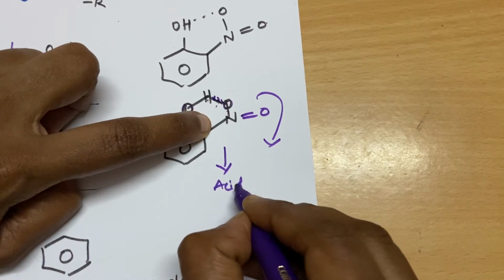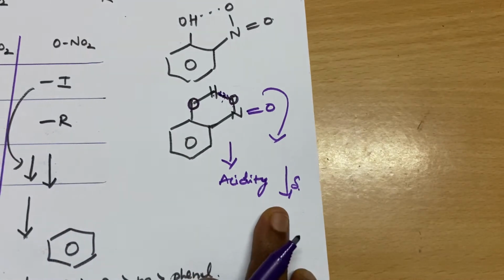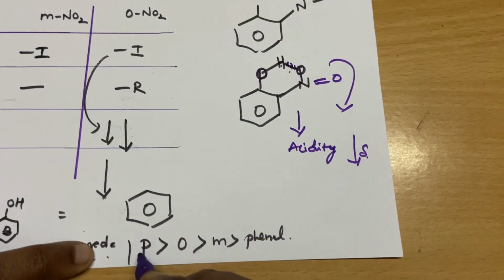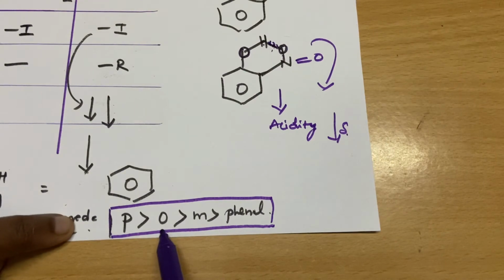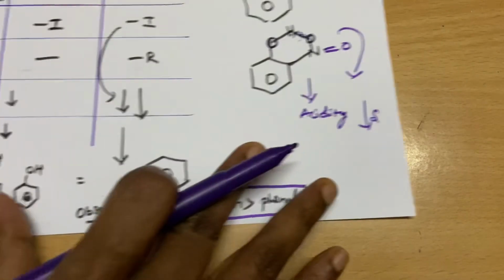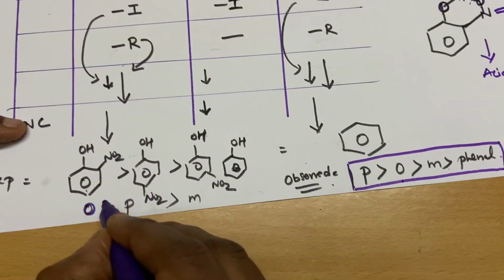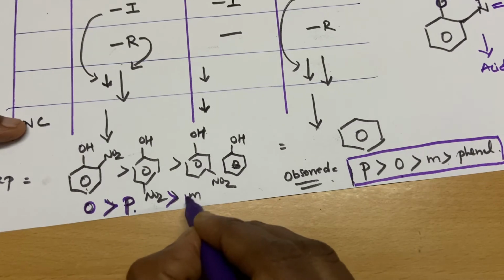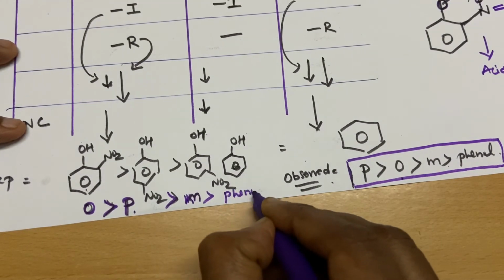So the acidity decreases. So first comes your para derivative, then comes your ortho, meta and phenol. Please remember this. While you solve using the electronic effects, you see that ortho must be more acidic than para, then comes meta, and then finally phenol.